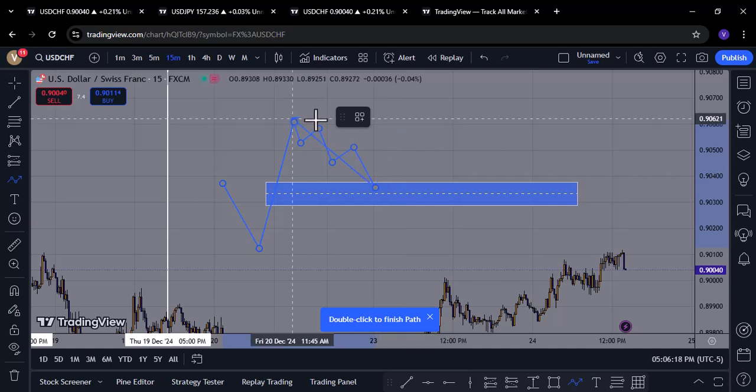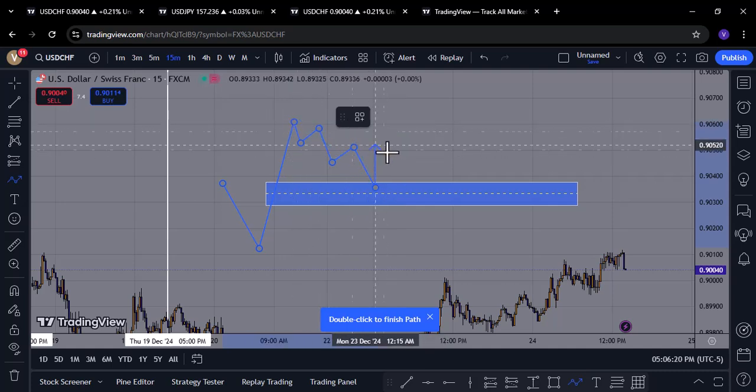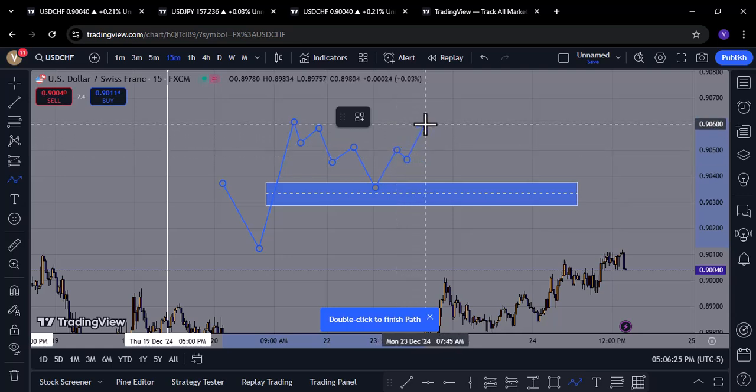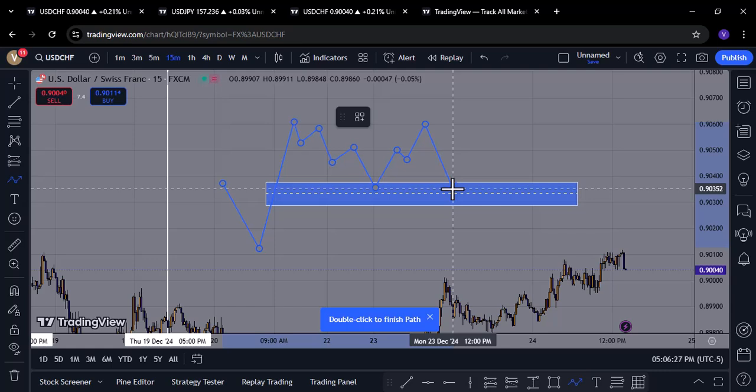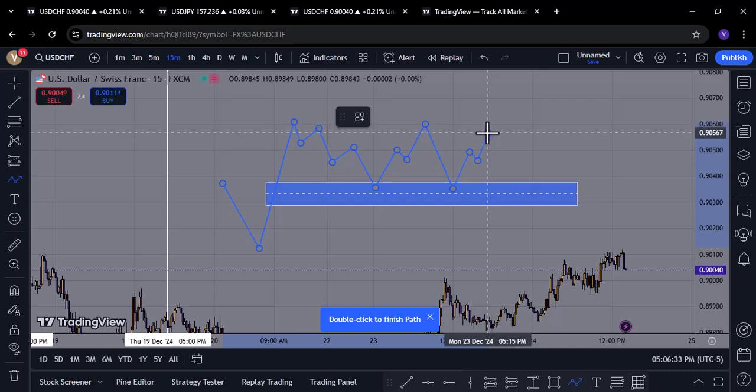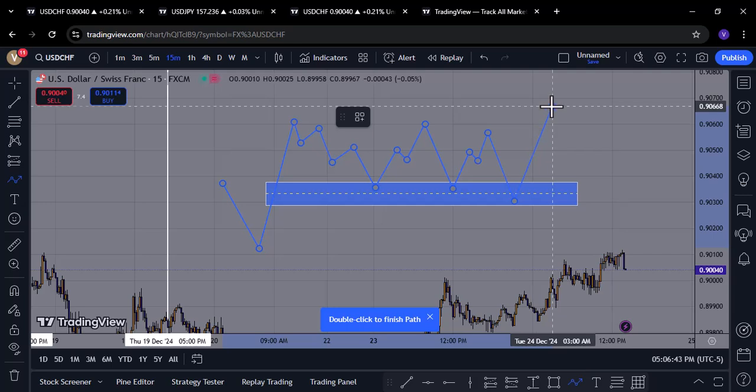Sometimes it can take all this high, but most times it does not. It does a move like this, comes back to this fair value gap again, then moves. It might take this one or not, then comes back. Whenever it comes back again and takes all these lows that have been formed, most times it's definitely going to clear everything here.